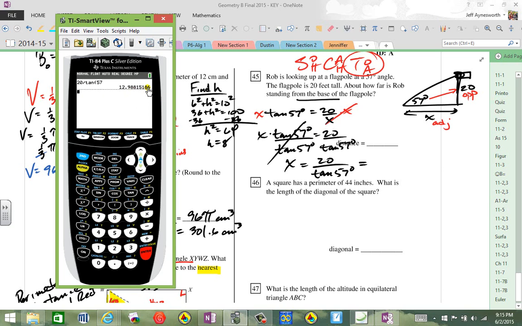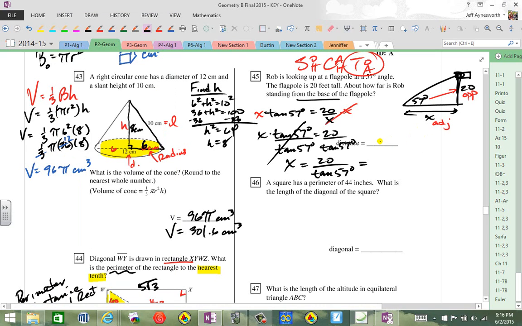We want to round it to, does it say? It doesn't say. So 12.99 or almost 13. So the distance x here is equal to 12.99 feet, or roughly x is approximately equal to 13 feet, if you want to round it to the nearest whole number.